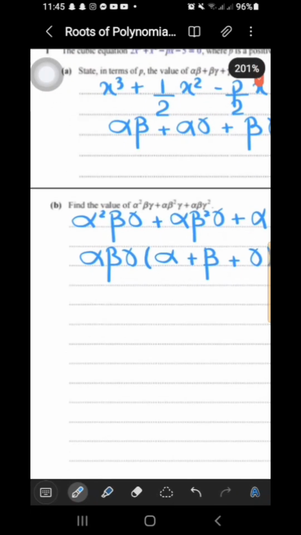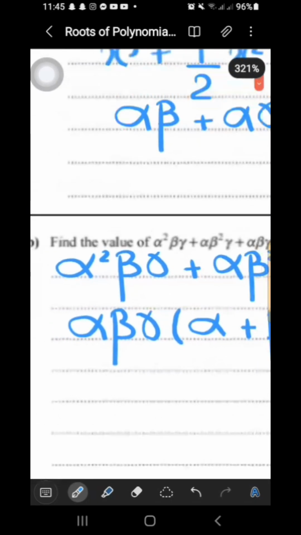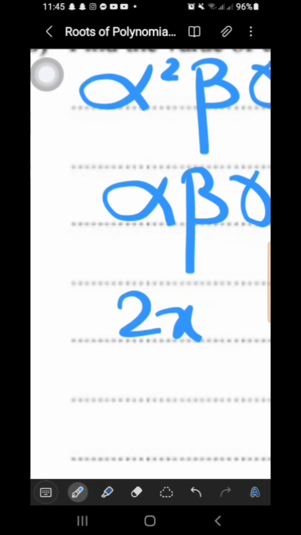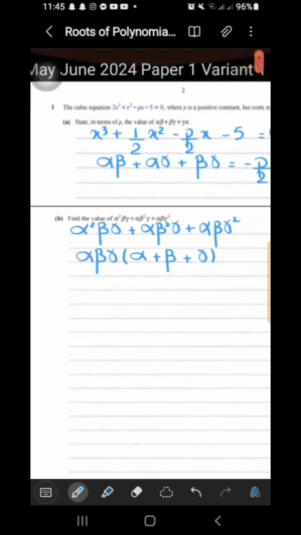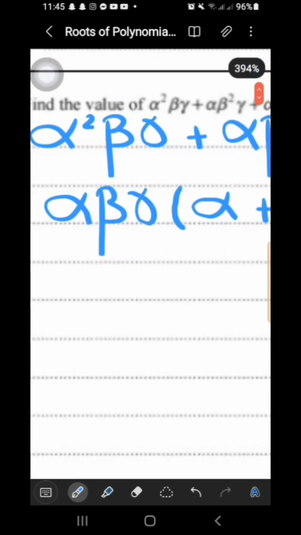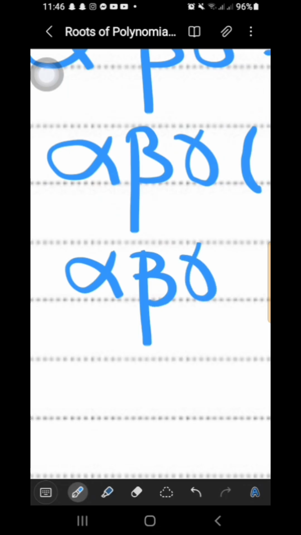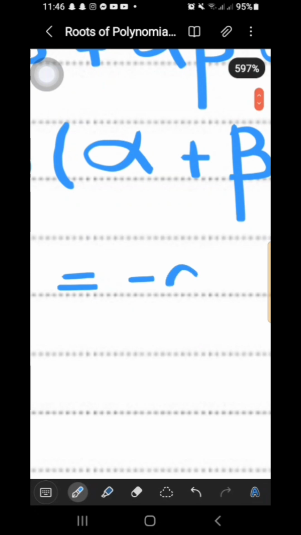Now we have to go for it. We can see alpha beta gamma from the given equation, which was 2x cubed; we had divided it by 2, so we have that form, and we can see what alpha beta gamma is. Alpha beta gamma will be positive 5, because the formula for it is negative d over a.